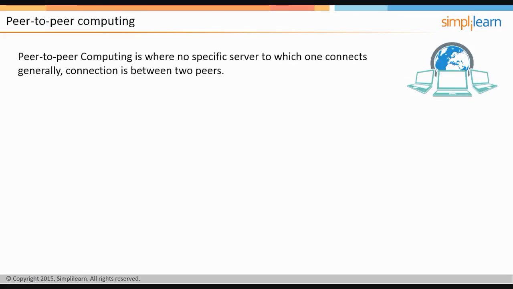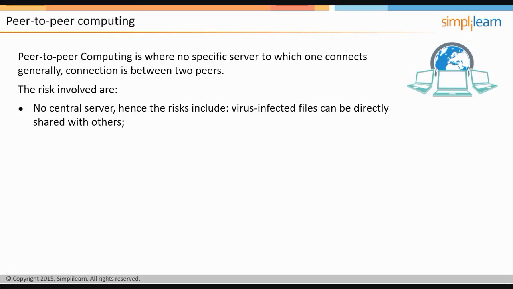In peer-to-peer computing, there is no specific server to which a user connects. Generally, the connection is between two peers. As a result, there are risks associated with peer-to-peer, which include no central server. Hence, the risks include virus-infected files being directly shared with others. Trojans and spyware may be inadvertently copied across systems.